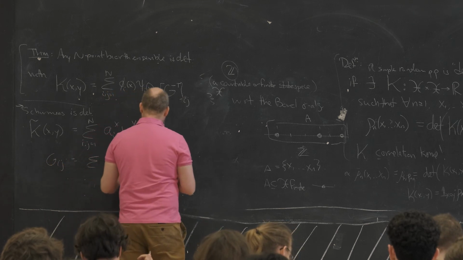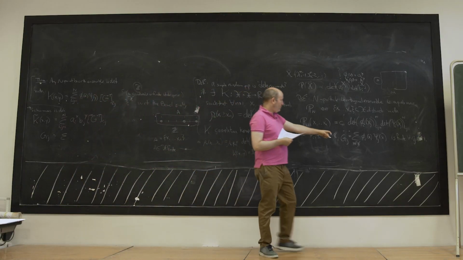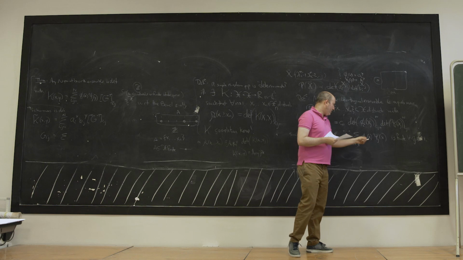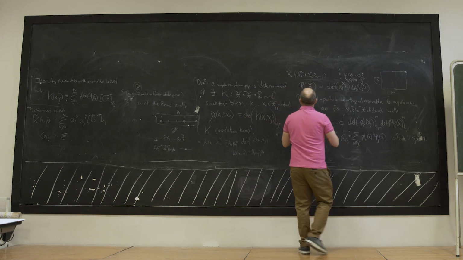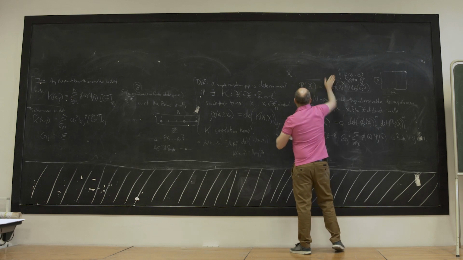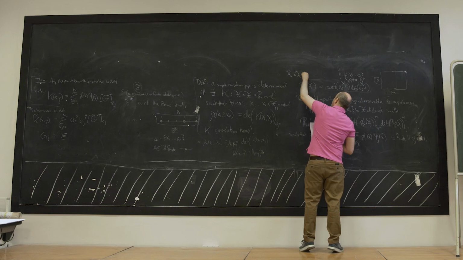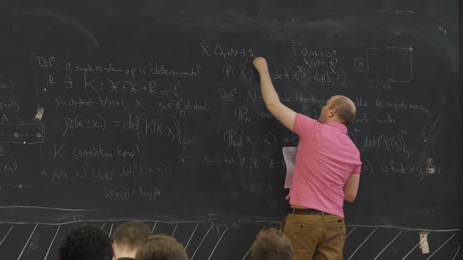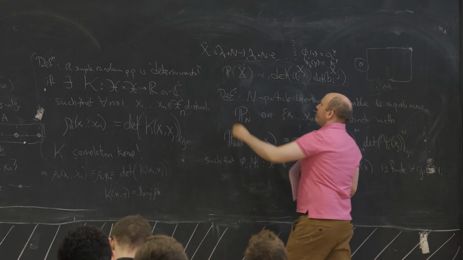It's the sum, well, what is it? It's the sum over all points in my space of this product. Now, under this transformation that I butchered here, let me write it better. So this is equal to lambda_1 plus n minus 1, lambda_2 plus n minus 2, and so on and so forth.